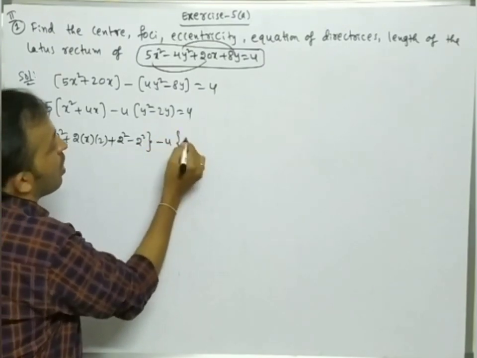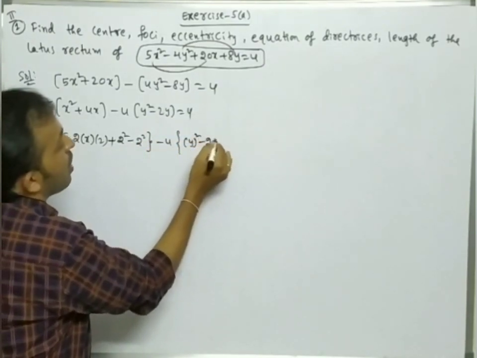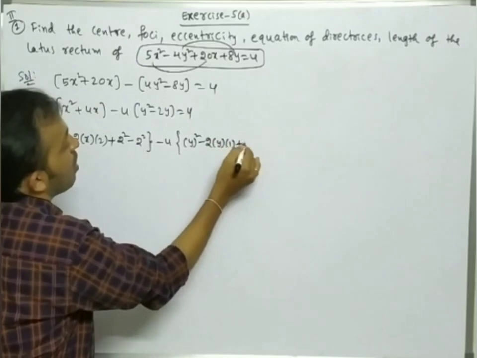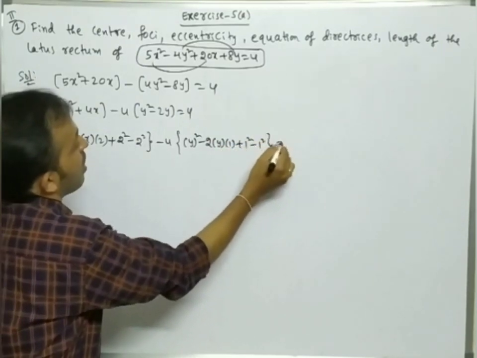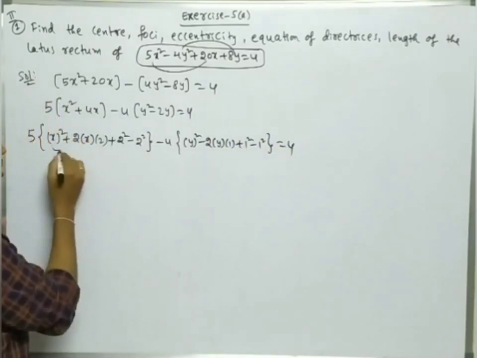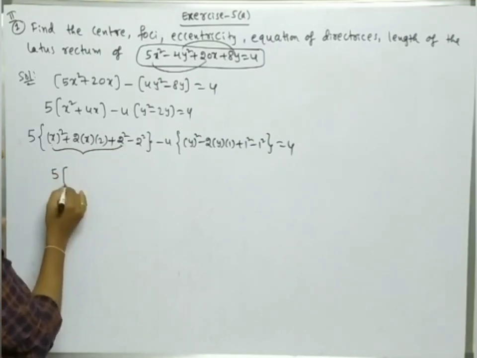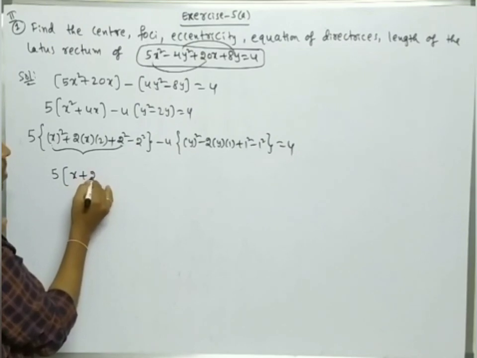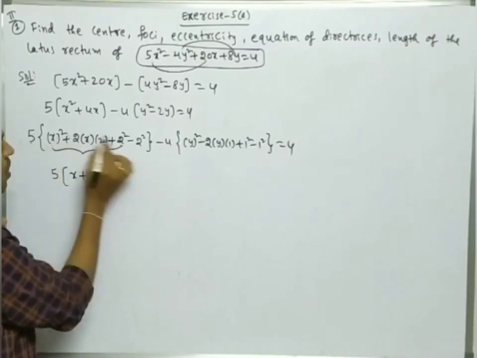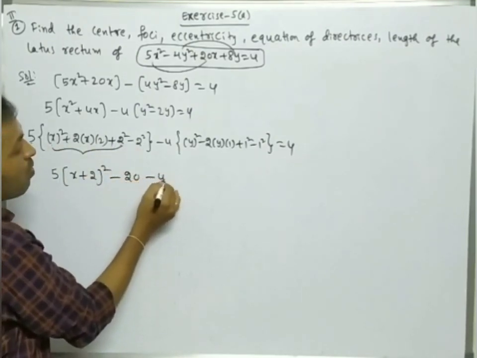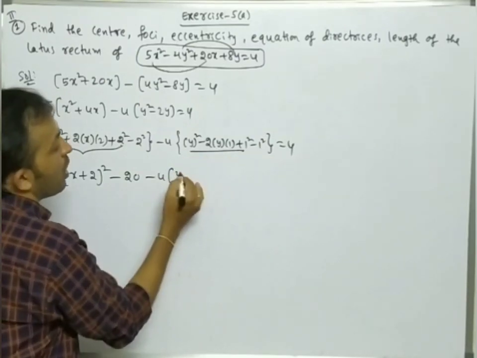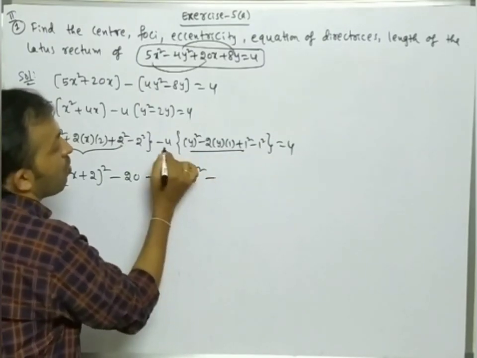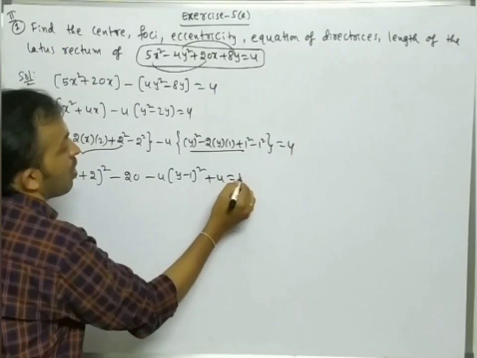Minus 4 into y square minus 2 into y into 1, add 1 square, subtract 1 square, is equal to 4. Don't forget the 5: 5 into x plus 2 whole square minus 5 fours are 20, minus 4 into y minus 1 whole square minus 4 into minus 1, plus 4 is equal to 4.